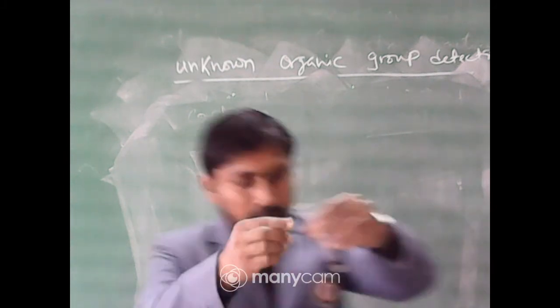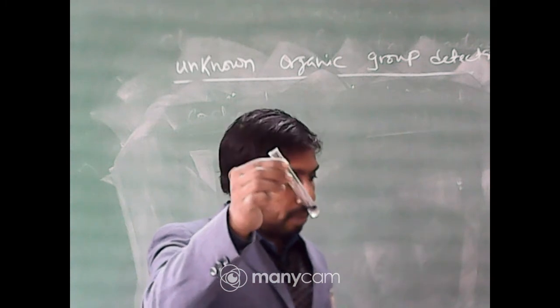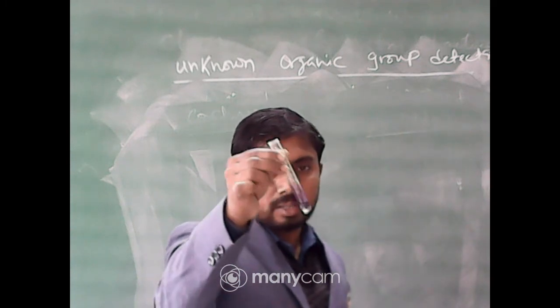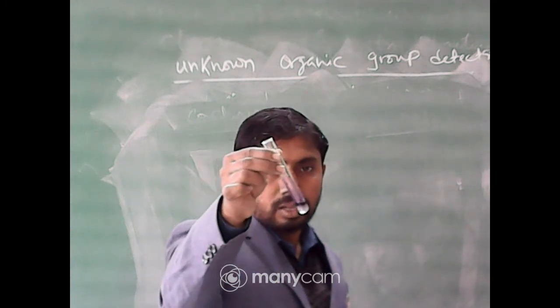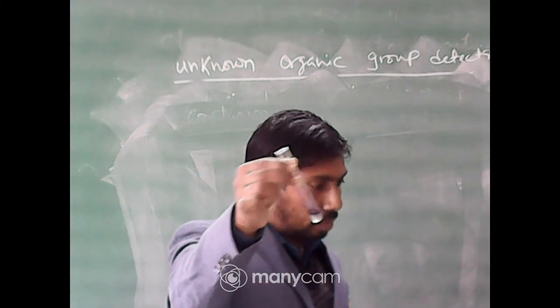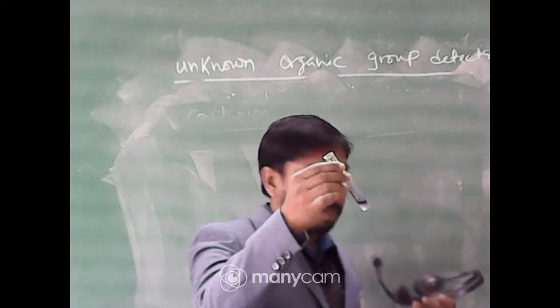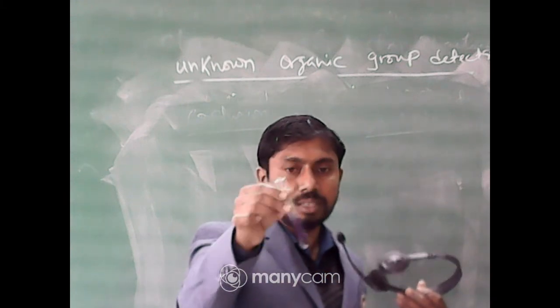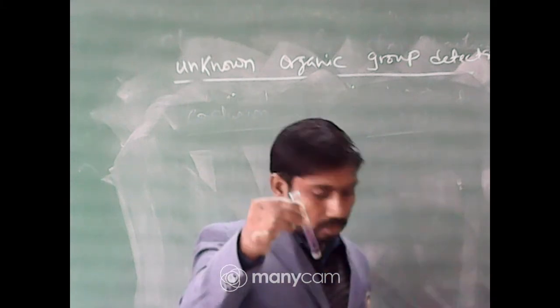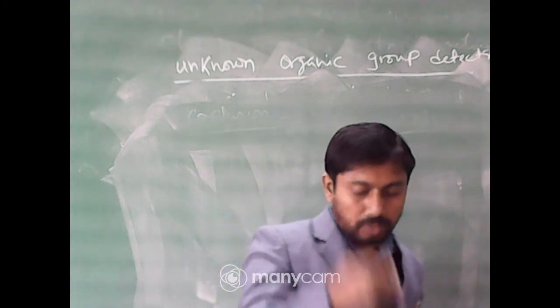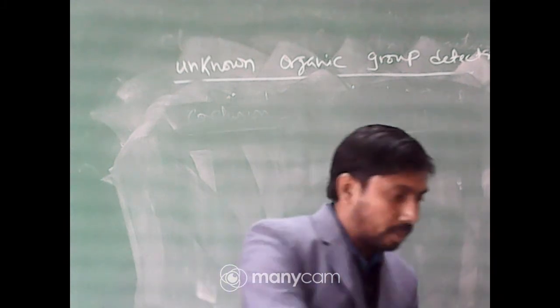You can see that purple color, deep purple color appears. Okay, deep purple color. You can also see this. The deep purple color appears after the addition of NaOH, the concentrated solution of NaOH. This is the confirmative test for ketone.